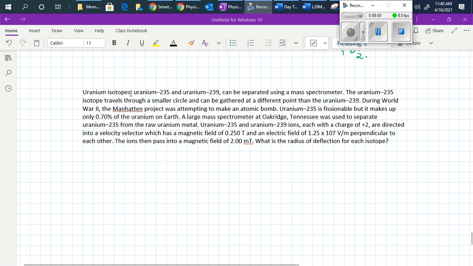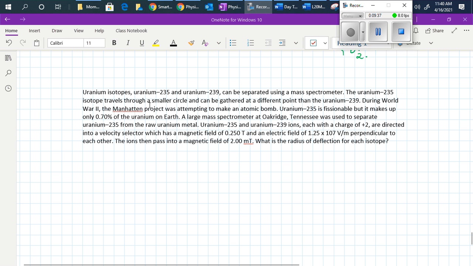So in this question, we are dealing with isotopes of uranium, uranium-235 and uranium-239, which, as particles, can be separated using a mass spectrometer.